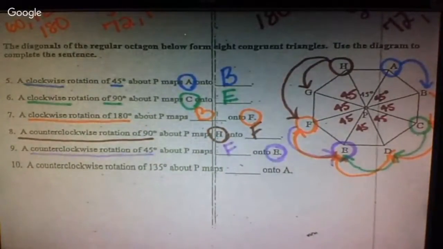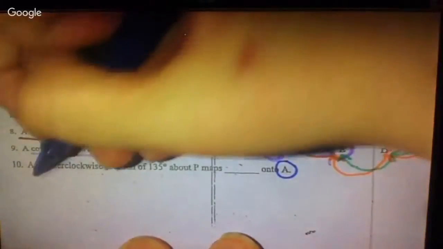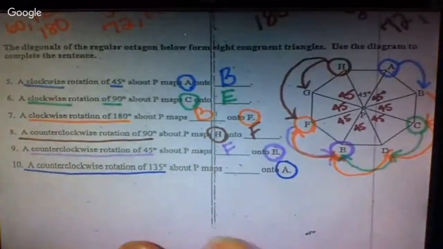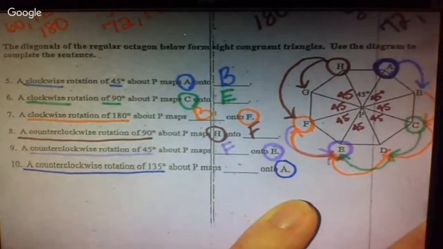Last one, my friends. I want to finish at A and go 135 degrees counterclockwise.